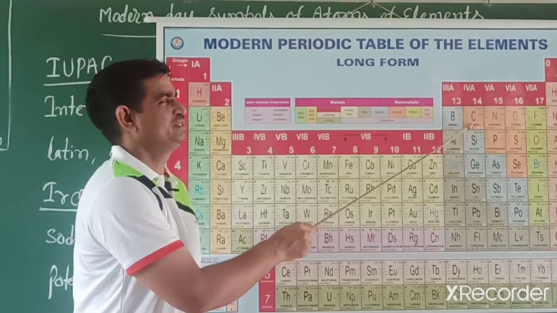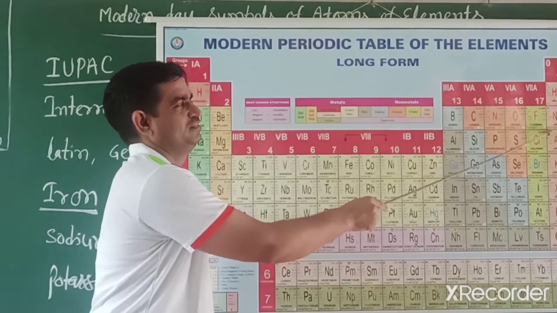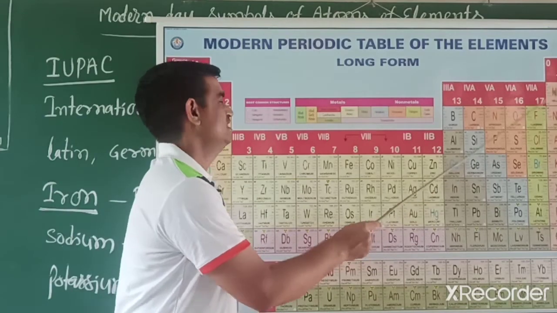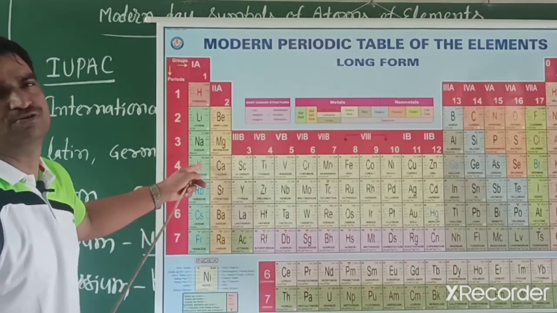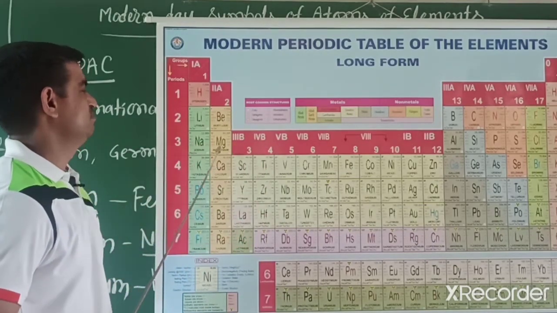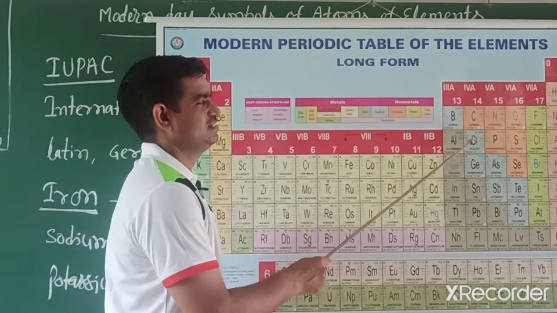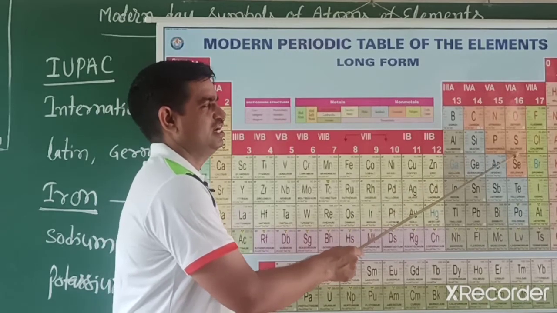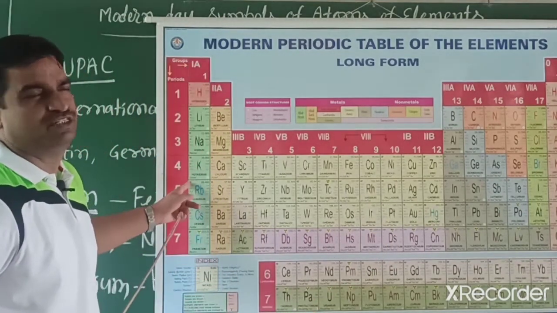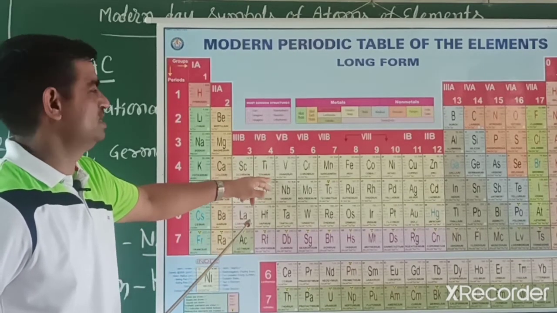B for boron, C carbon, N for nitrogen, oxygen, fluorine F, neon Ne, because nitrogen is already given N. Further, sodium we already know, discovered from the Latin name natrium, Na, magnesium Mg, aluminium Al, silicon Si, P for phosphorus, S for sulfur, chlorine Cl, argon Ar, and potassium K, calcium Ca, scandium, titanium Ti, vanadium V.